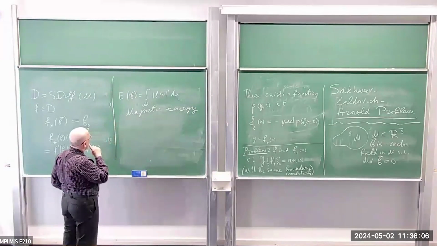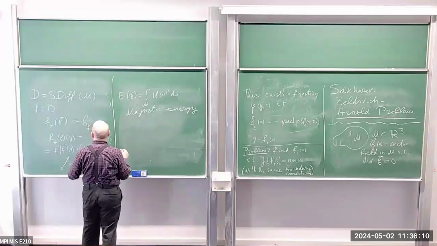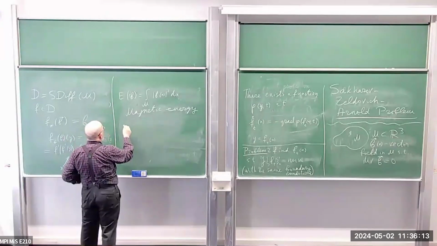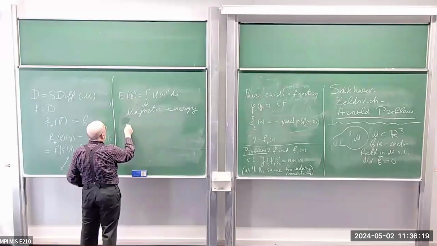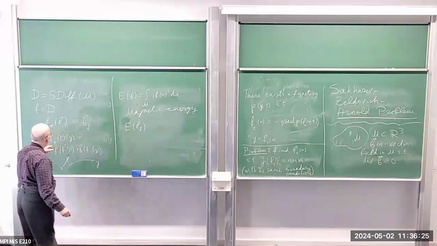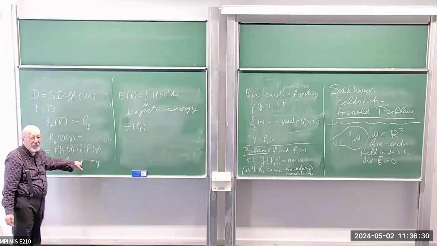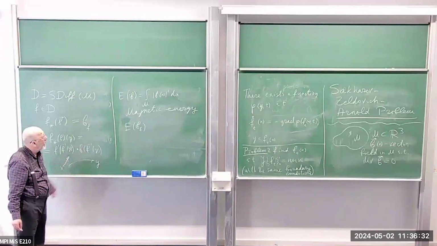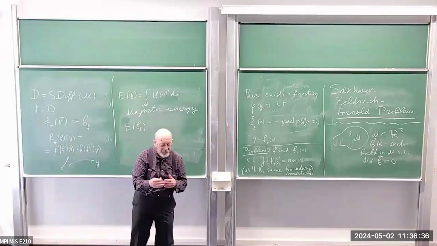And then for any F, we can consider the functional which is the energy of B_F. B_F is what is written here. And this system, because it is a fluid, can move.